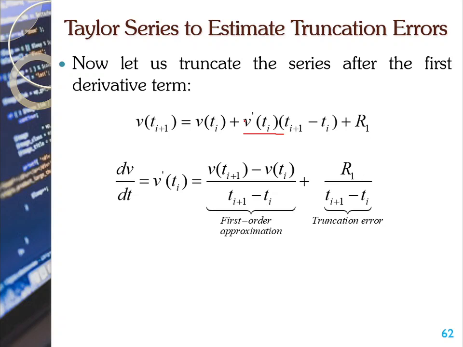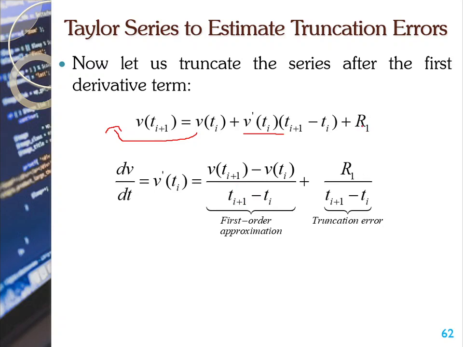Because we made V prime of Ti the subject, everything that we have here will come to this side. First of all, this V of Ti will go here. All over, we divide everything by Ti plus 1 minus Ti, plus don't forget this thing that we have in here.